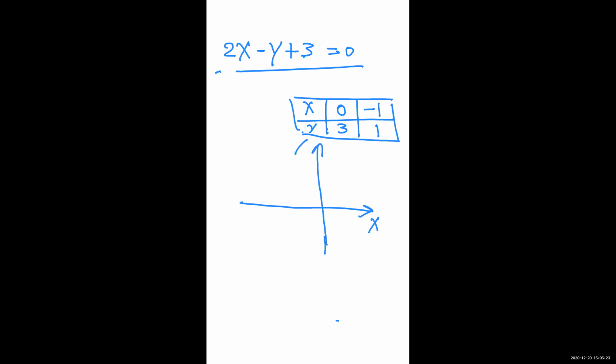This is X and Y and X dash, and this one Y dash. 1, 2, 3, and -1, -2, -3, 1, 2, 3, and -1, -2, -3. What is the first point here? Actually 0 and 3. Where is 0 and 3? It's 0 on X and 3 on the positive direction of Y. So I mean this point.